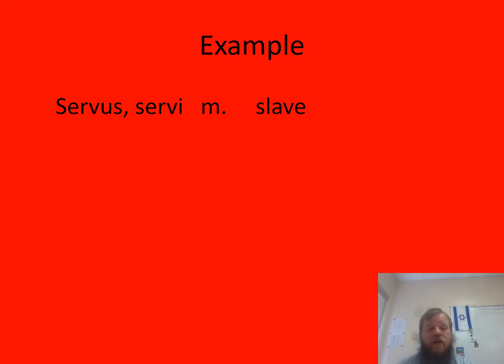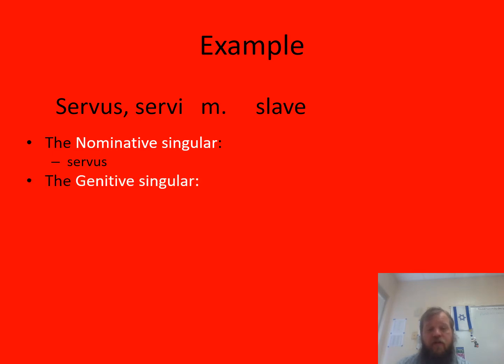Another example. Servus, servi, masculine, slave. So what's the nominative singular of this word? Servus. And the genitive singular? Servi. What gender is this? This word is masculine, and it means slave.